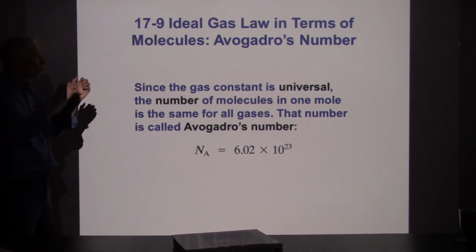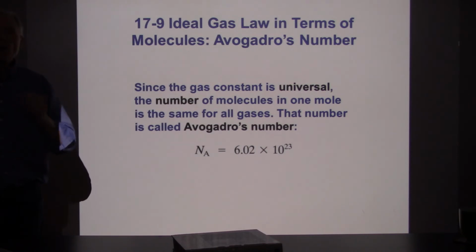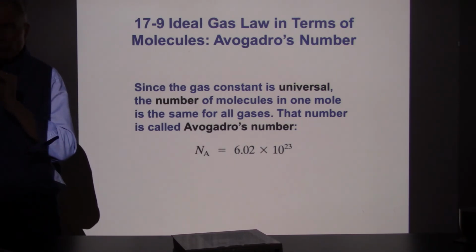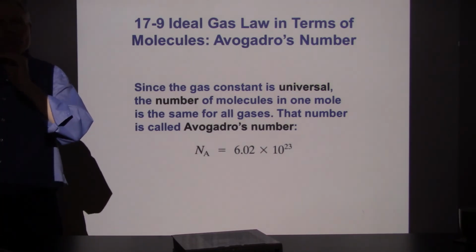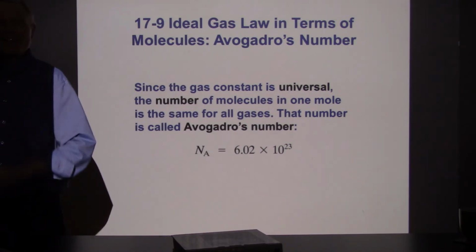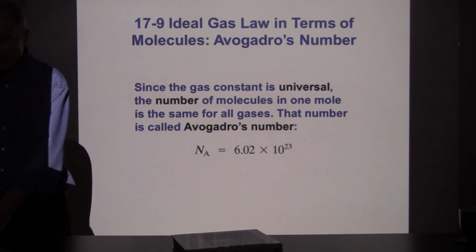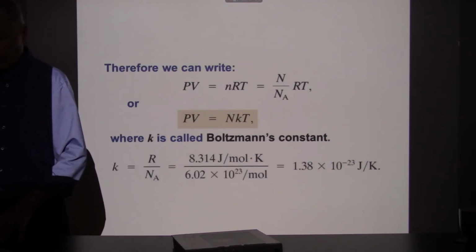So if I have 1 mole of argon or 1 mole of carbon dioxide, it's counting how many molecules are in it. 1 mole is the same number, 6.02 times 10 to the 23rd. 1 mole of any substance has that many molecules in it.